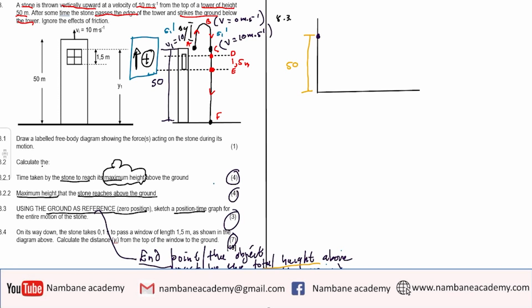So somewhere up here, we are going to have our 5.1. So it must travel from 50 to 5.1, come back and just hit the ground.